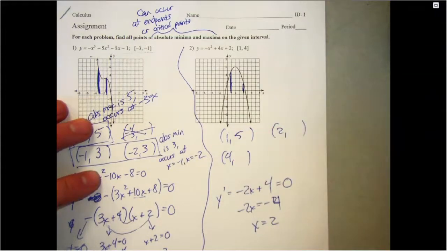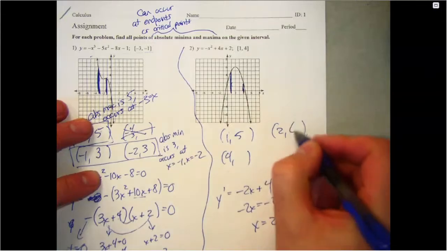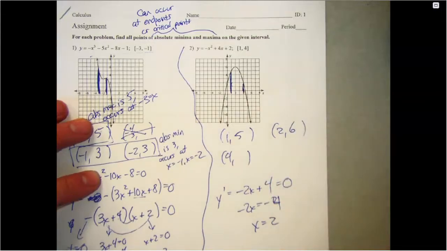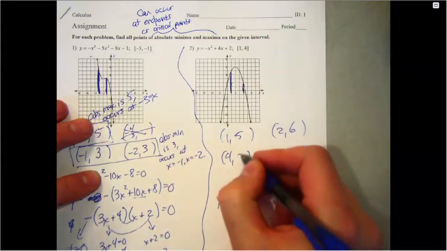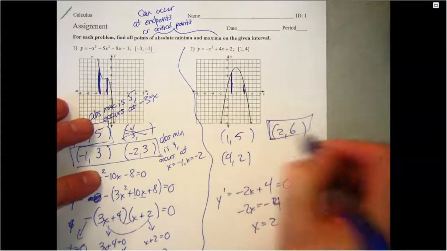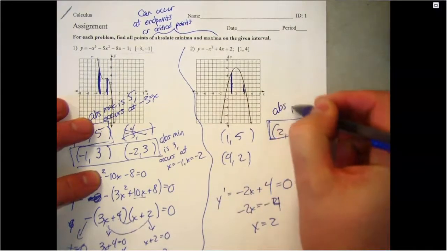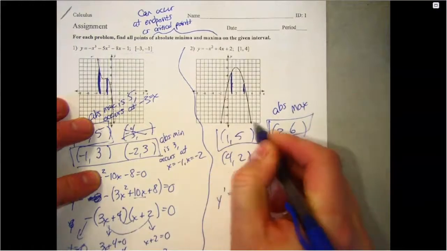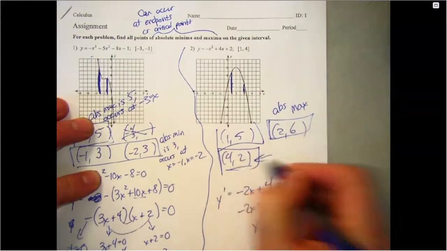Plug in 2, 6. I plug in 4, I get 2. So that's your absolute max. And that's your absolute min.